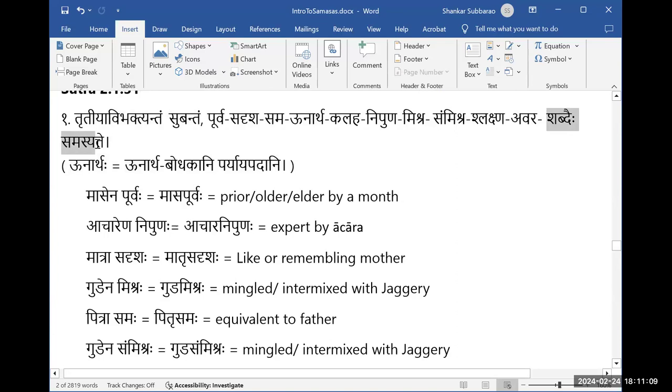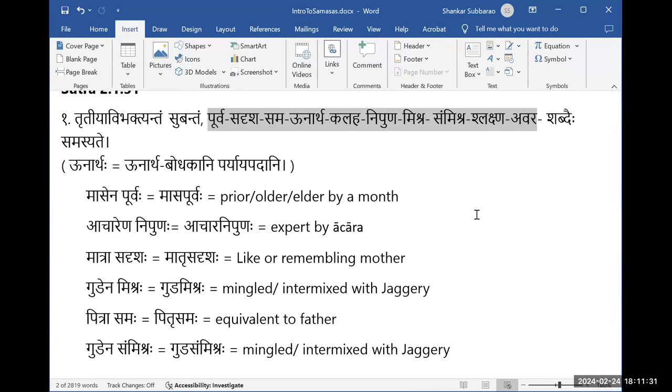Shabdaihi Samasyate. With some words it combines. What are the Shabdas? Here's this. Purva, Sadrisha, Sama, Unartha, Kalaha, Nipuna, Mishra, Sammishra, Shlakshna, Avara Shabdai. So you can see there is a finite set of words given here again. These are the words with which a word in third case can combine.